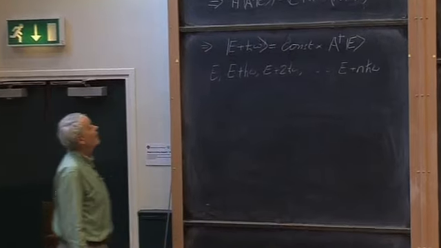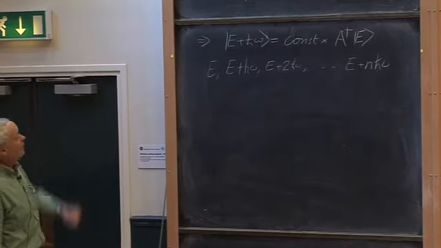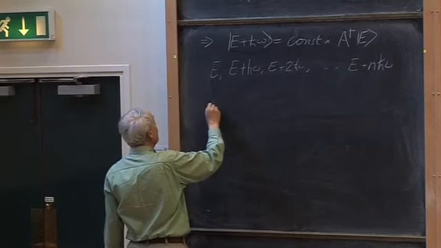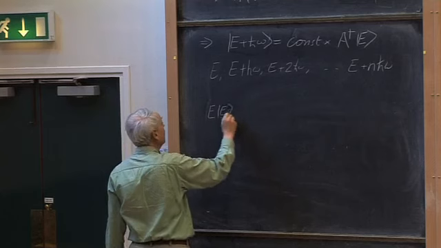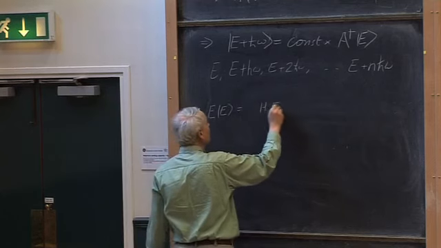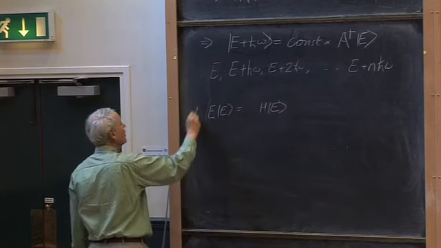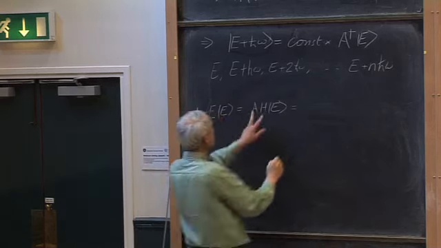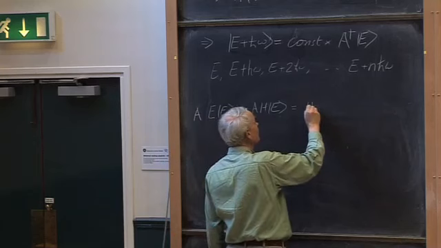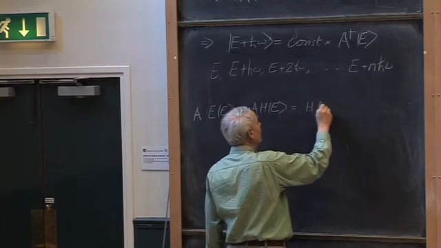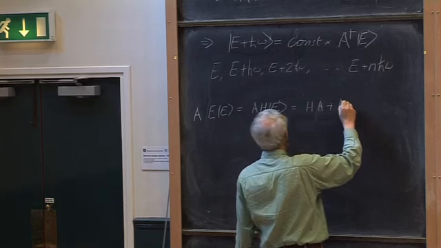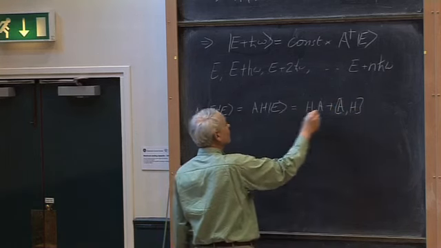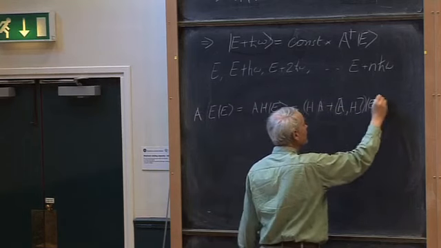And we do that by applying not A dagger to that equation, but A to that equation. So if we start now with E times the state equal to H on the state, and we multiply both sides of the equation by A, not A dagger this time, then we swap the order, just as we did before, into HA, and then we have to add in the commutator A comma H, all operating on E still.